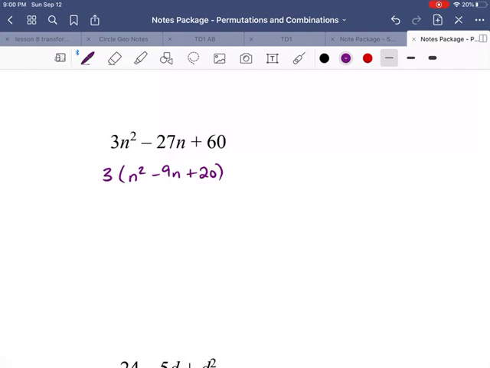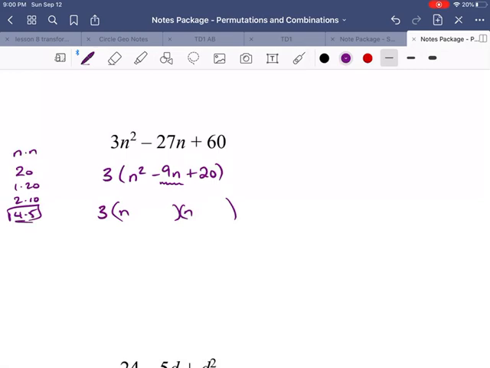So the first set of brackets, I know it has to be n and n. The only way to get n squared is n times n, all right? Then the last way, 20, could be 1 times 20, it could be 2 times 10, it could be 4 and 5. Now I have to kind of think, how do I get 9? All right, well the only way to kind of get 9 between those two options is 4 and 5.